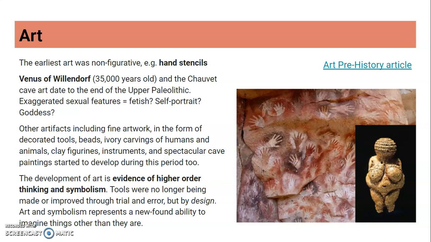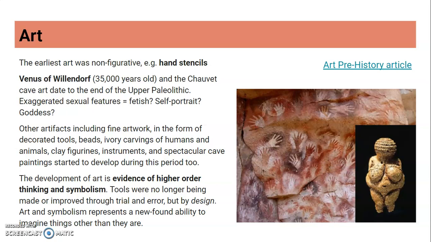And then you've got a picture there of a really famous sculpture called the Venus of Willendorf, which is about 35,000 years old. And there's heaps of debate around Venus, so whether the exaggerated sexual features were part of some sort of fetish or whether they were the result of a self-portrait where the creator only had the opportunity to look down at themselves, and maybe that is the result.